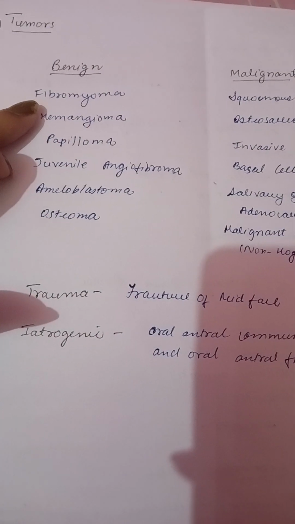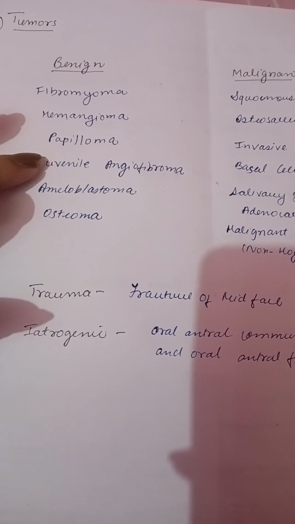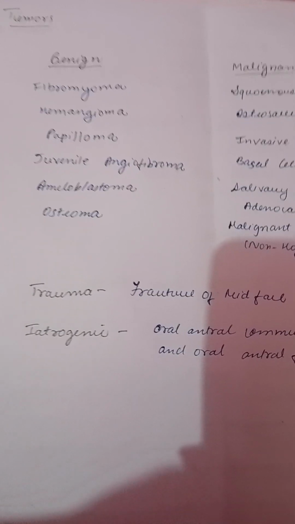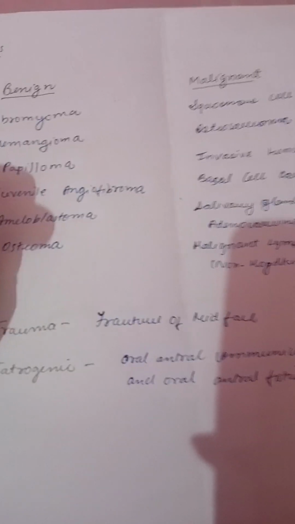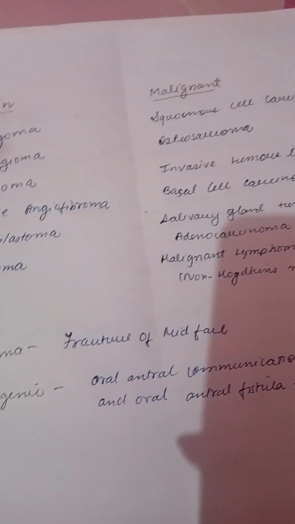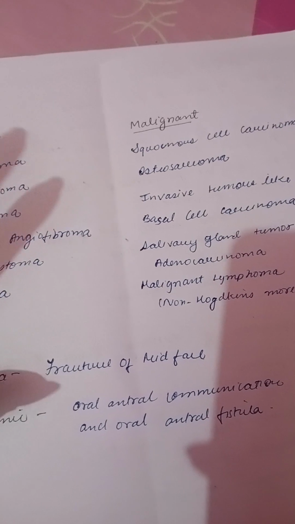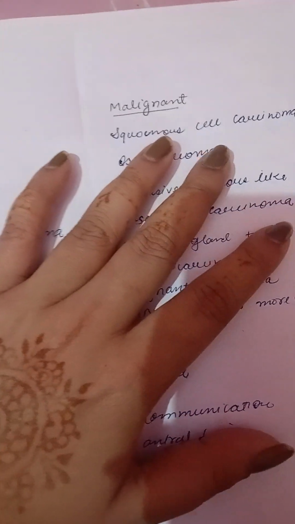Benign: fibromyoma, hemangioma, papilloma, juvenile angiofibroma, ameloblastoma, osteoma. Guys, you can remember some of these, not to mug up all of this. Just remember some of the benign and some of the malignant tumors of the maxillary sinus.